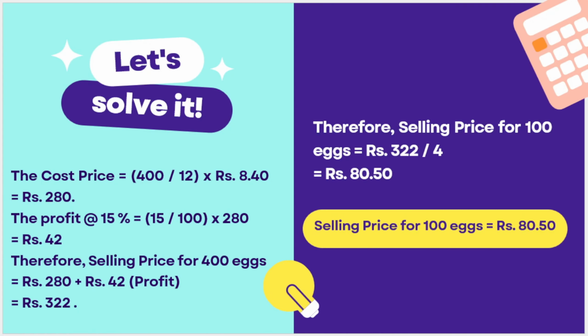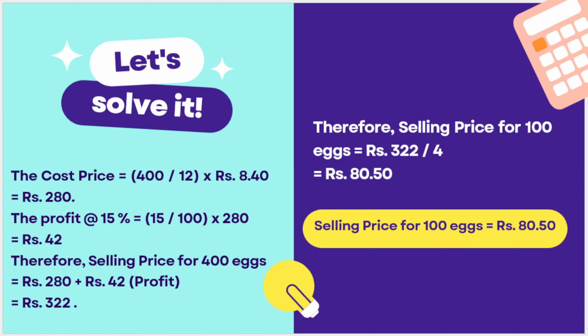Solution to example 7: as the cost price is given as 8 rupees 40 paisa per dozen of eggs, we will have to convert 400 eggs to dozens first. Therefore, the total cost price for 400 eggs will be 400 divided by 12, multiplied by the rate of 8 rupees 40 paisa, which comes to rupees 280.